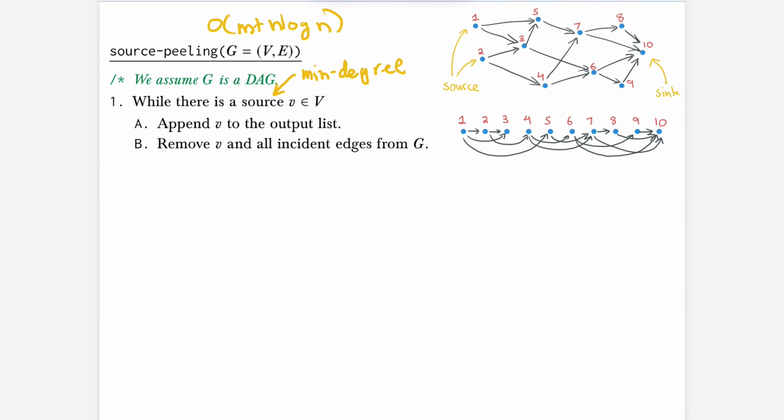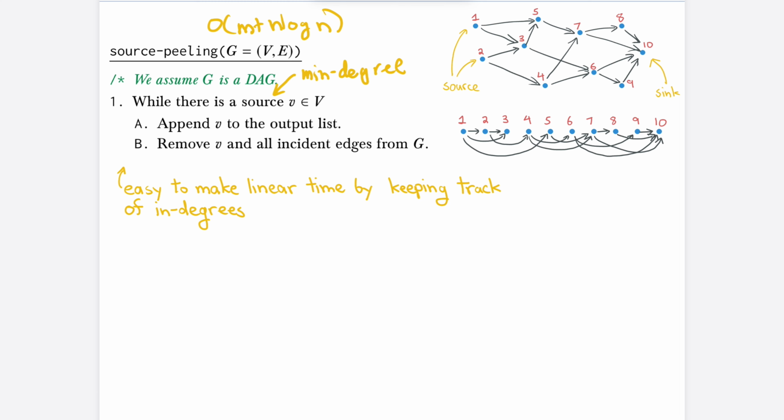Yeah, so here we have even more structure because you know what the min is that you're looking for, so to speak. So if you just kept track of the in degrees of all the vertices, maybe first you just go through and count up the edges. Oh, this has in degree 5 to start, that has in degree 3 to start. Then as you go through, you remove a vertex, you delete those edges, and then you update those counts. Oh, this vertex lost an edge, that vertex lost an edge.